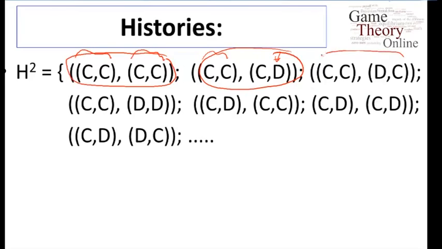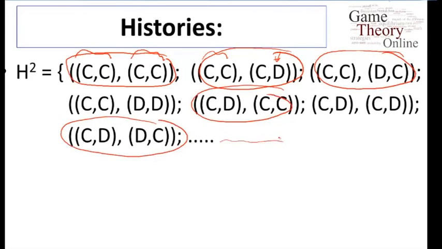So each one of these is a different possible history, and you can begin to see that the number of histories is growing very rapidly, so it's going to explode exponentially over time. So we're going to end up with strategies having to be dependent on the full list of everything that could have happened, or everything that did happen up through time t.